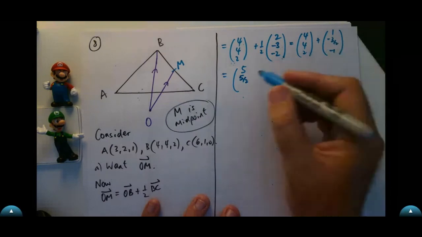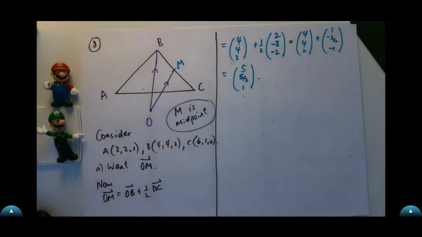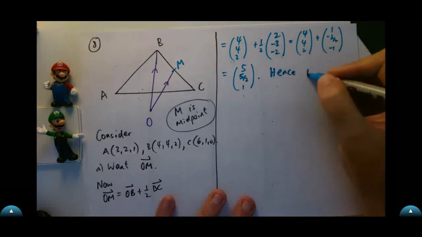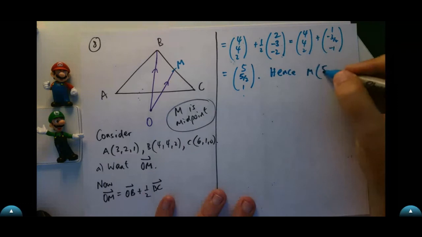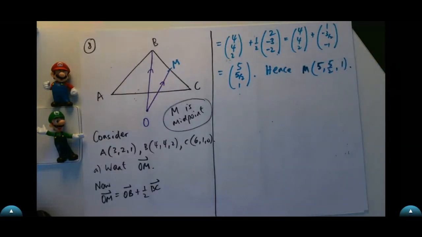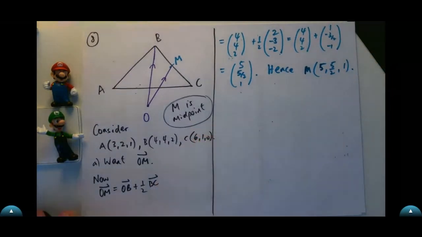And lastly, 2 minus 1 is just 1. So we can now say hence M is just the point 5 on 2, 1. So not too bad.